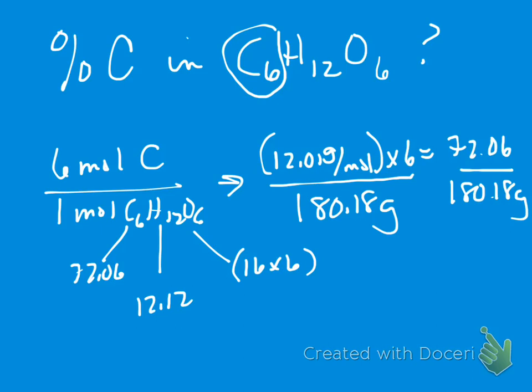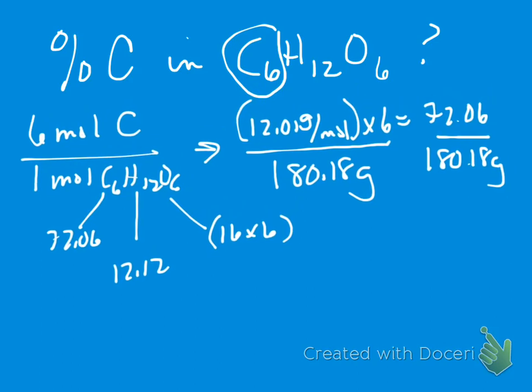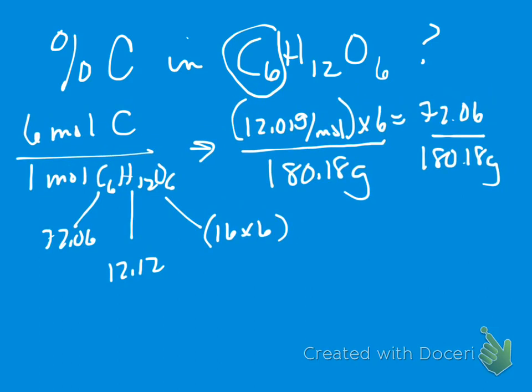Okay, 72.06 divided by 180.18. So what we find is that glucose, and of course we'd have to multiply, so the number we get is 0.3999334. 4 sig figs? Yeah, 4 sig figs.